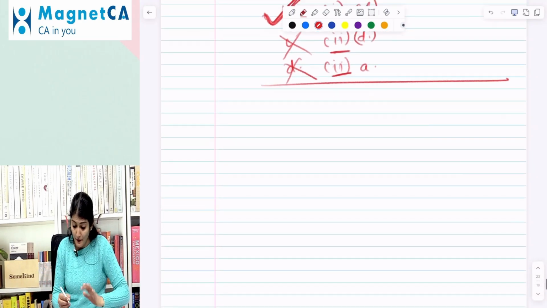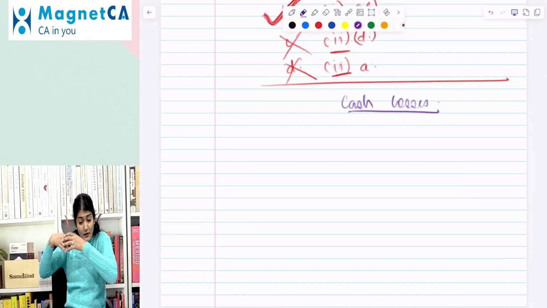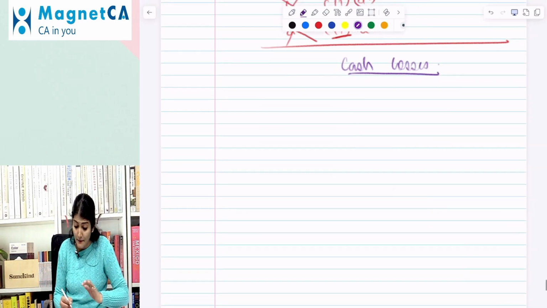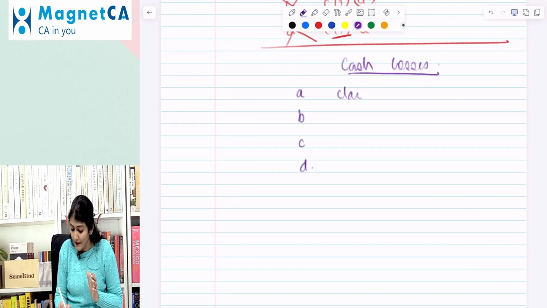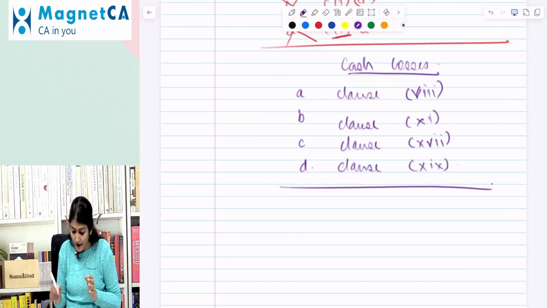Or they can make a question saying, cash losses, whether the company has incurred any cash losses in the financial year and in the immediately preceding financial year is to be reported under clause 8 of the CARO, or under clause 11 of the CARO, or under clause 17 of the CARO, or under clause 19 of the CARO.